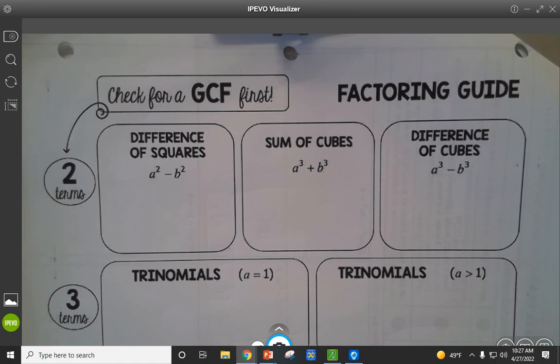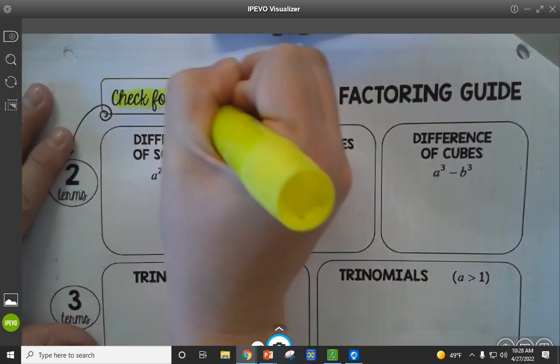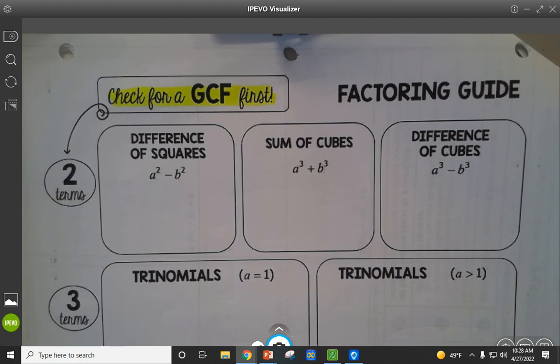And what is that first step? Check for a GCF. That's very important. It will change the entire problem and the way that you solve it, possibly, if there's a GCF. Usually it makes it a lot easier to figure out.